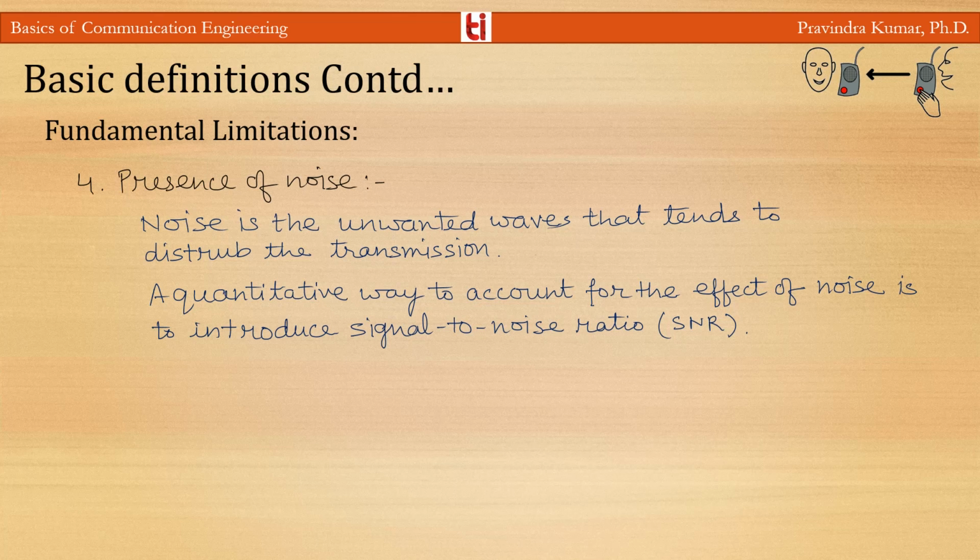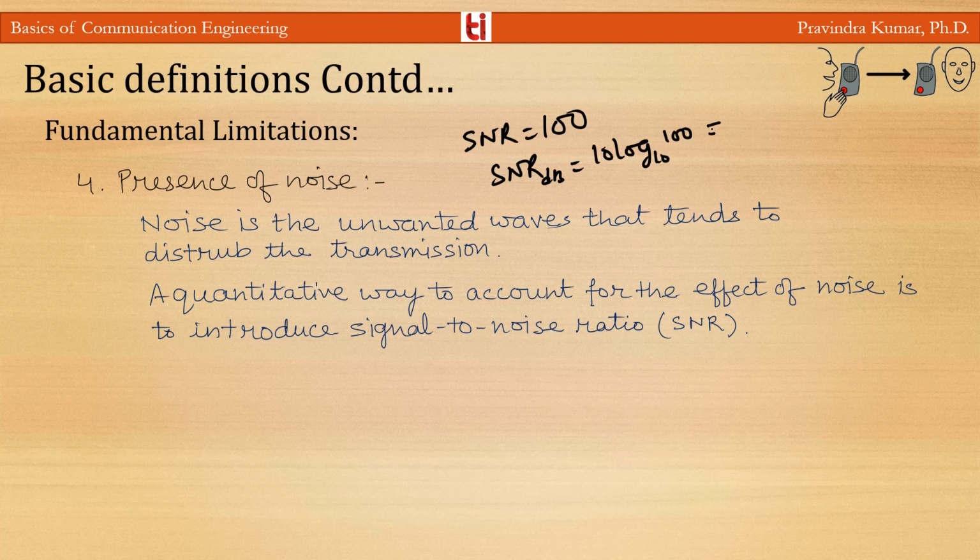This is the ratio of the average signal power to the average noise power at the receiver. It is expressed in dB basically. So if the SNR is 100, then the SNR in dB is 10 log10 of 100, or you can say it is 20 dB.